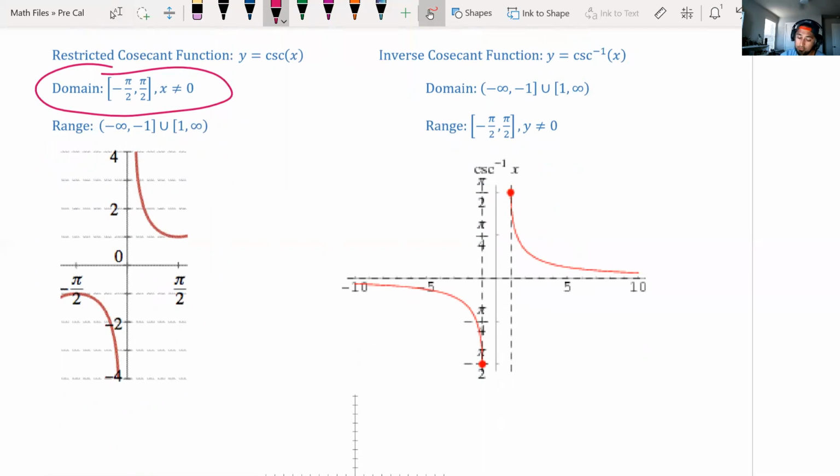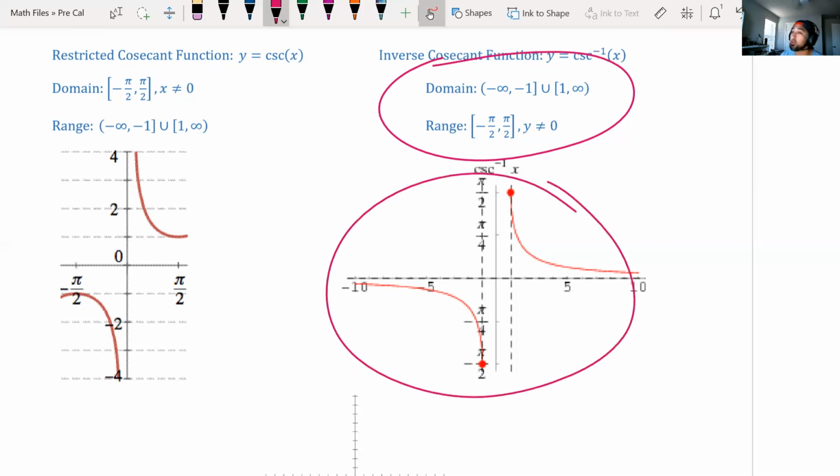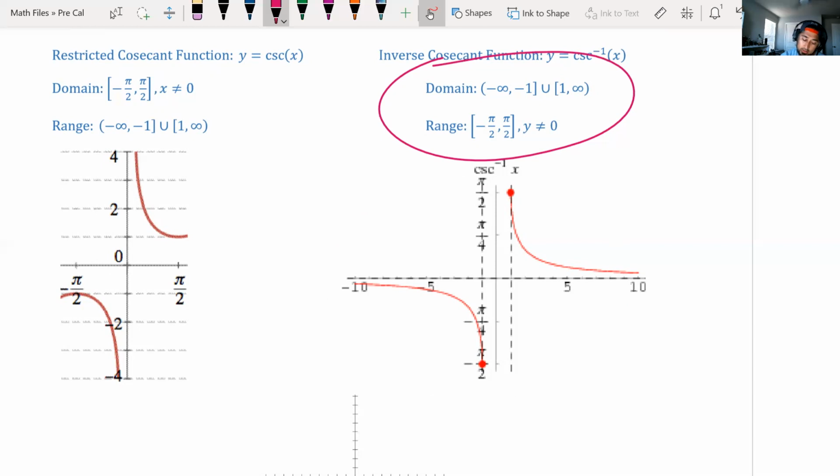For your inverse, your domain and range switch places. Just focus on the range because it deals with the unit circle. Our range is from negative pi over 2 to pi over 2, where y cannot equal 0. Here is a graph of your inverse cosecant.